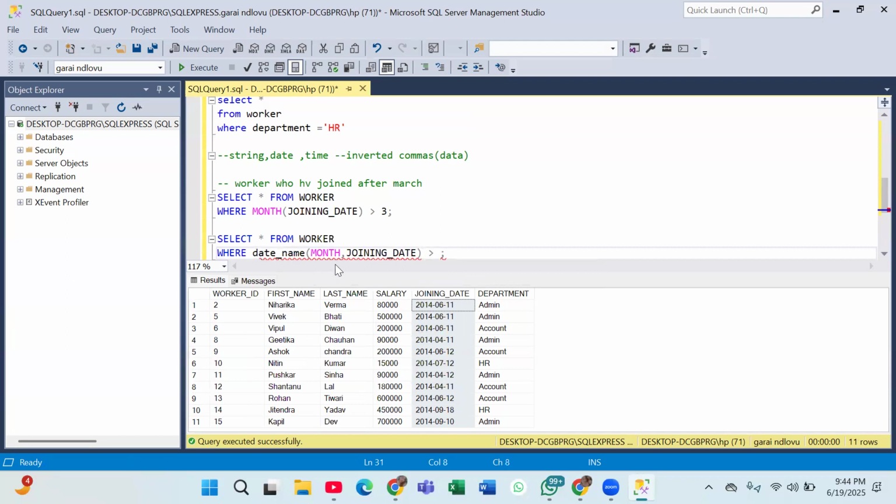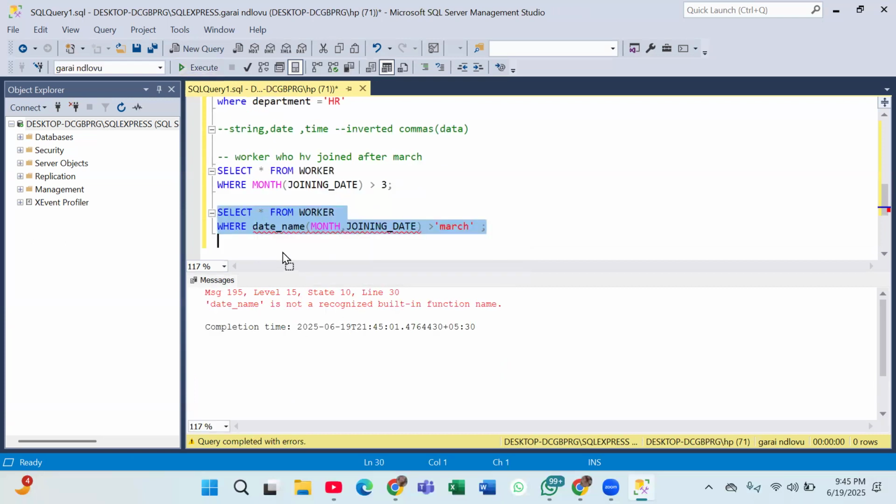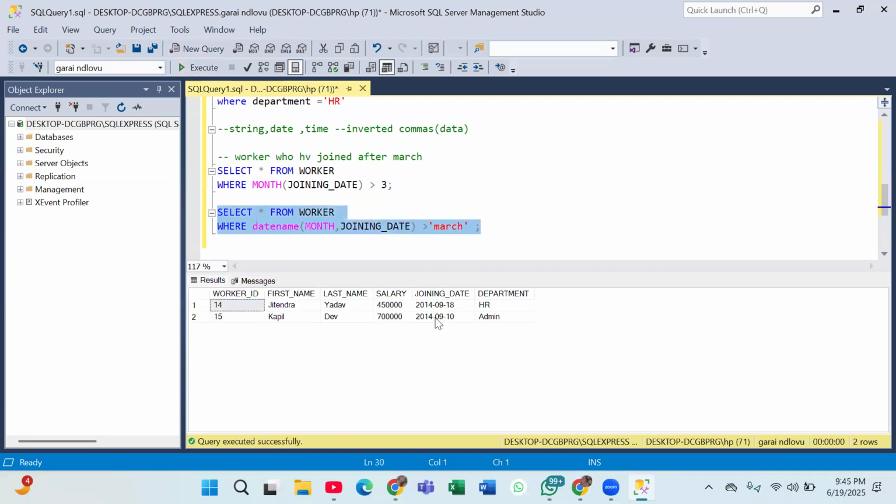Here I'll write date name. Let me try whether strings will get compared or not. It will not get compared. Yes, it will not get compared. Oh, I have put inverted comma here. Yeah, so what is happening here is why we are getting different answers.